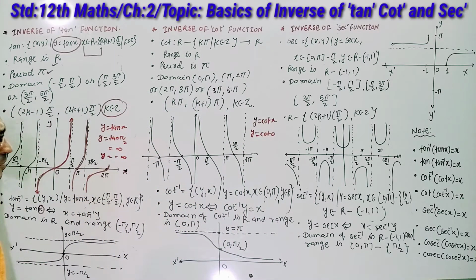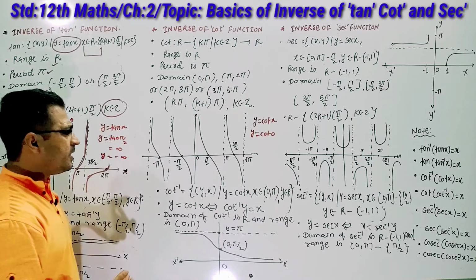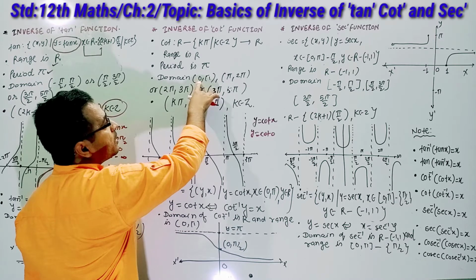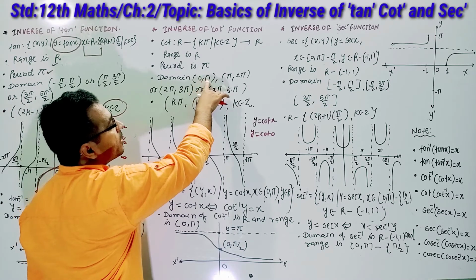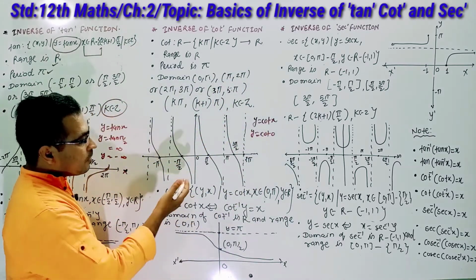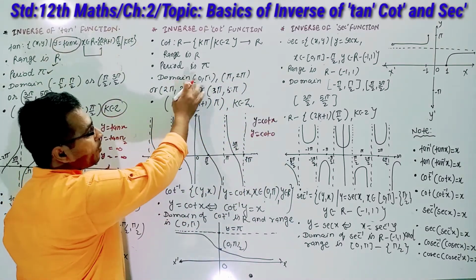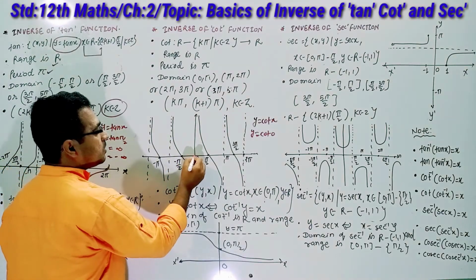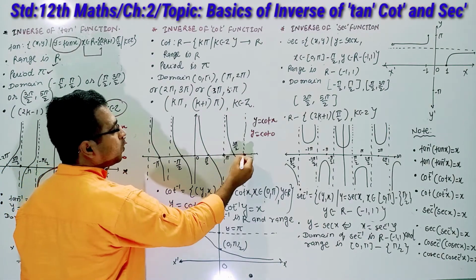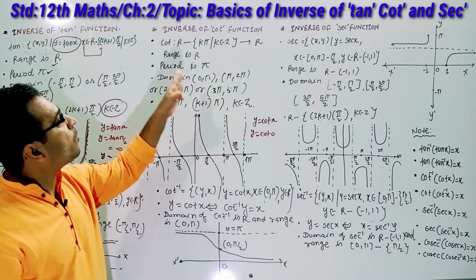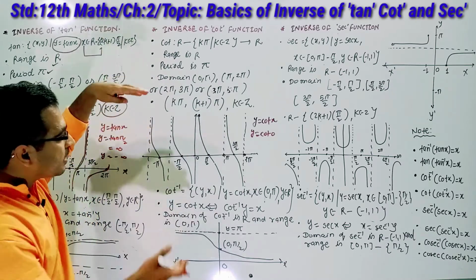So students, here you can see that if you take 0, then pi, then pi to 2 pi, we can plot the graph. These are the points of the x-axis, meaning 0 to pi, pi to 2 pi.